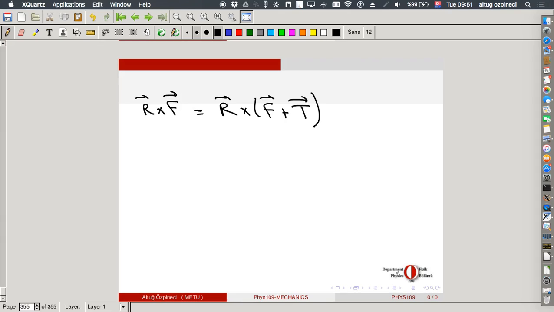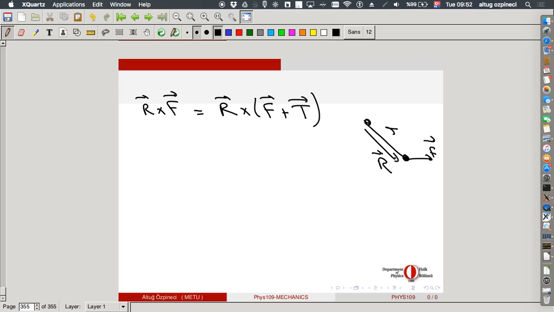You see, if I just redraw my system, this is my mass, this is the F, this is r. So there's a tension on this string. Well, you see, what is r cross T? r cross T is just 0 because r is in this direction, T is in the opposite direction.